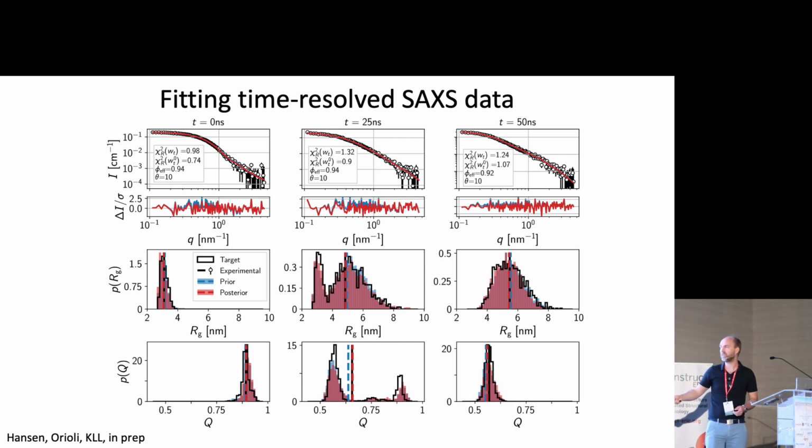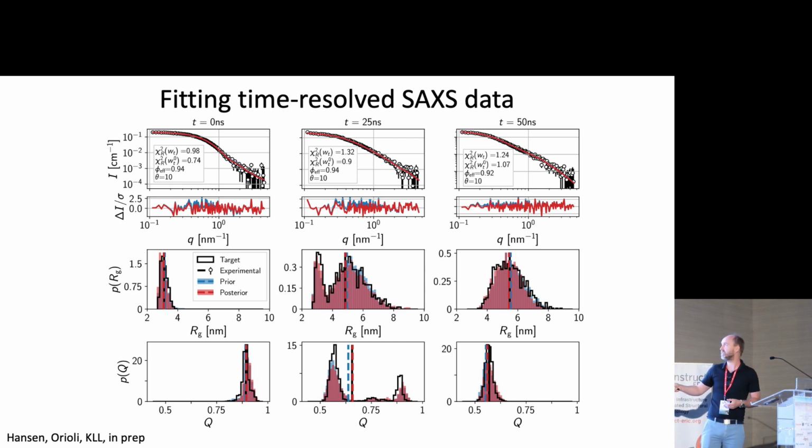And so you can see that obviously we can fit the starting point and the end point pretty well, but we can actually also fit relatively well with these red distributions here the fact that there is a transiently formed intermediate. It would be very, very hard to see directly in the SAXS data. But because they are there in the molecular simulations, even if they're there with the wrong populations, we can see them by analyzing this time-dependent data.